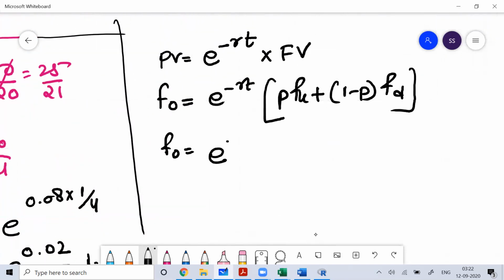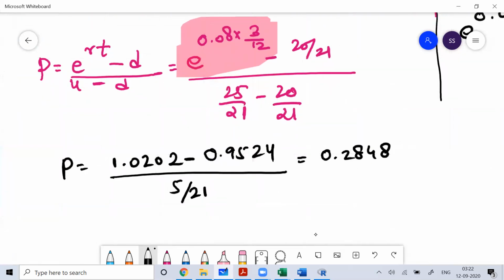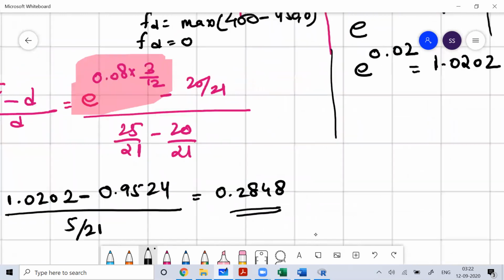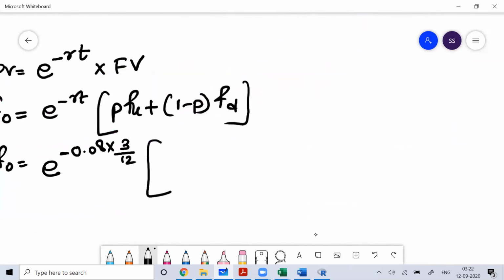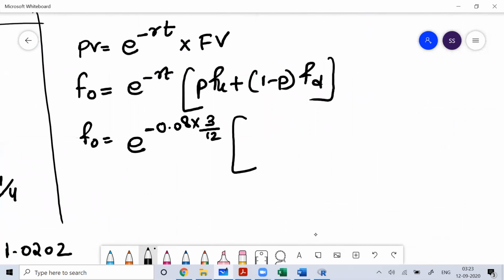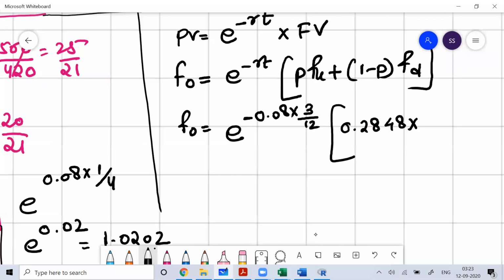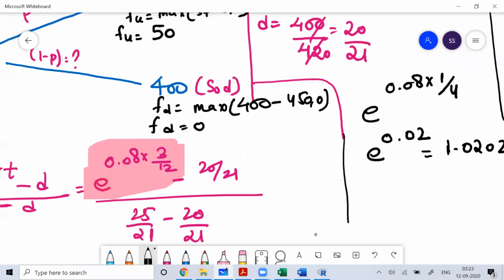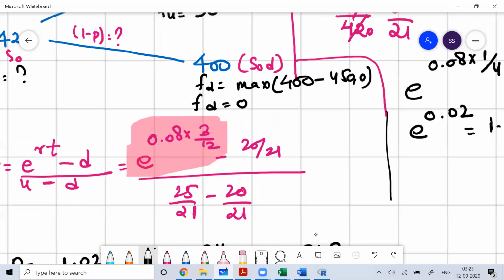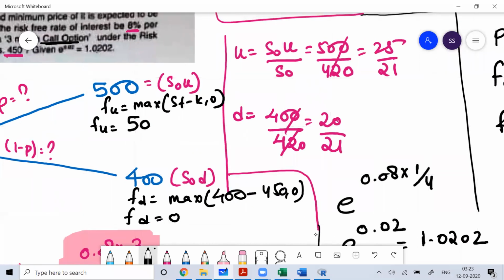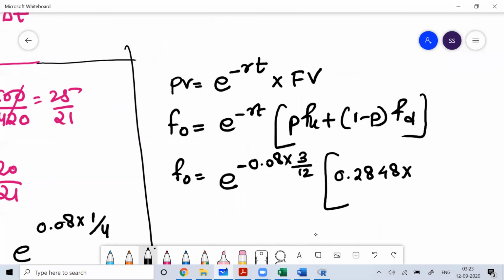So you need to find e to the power minus rt. R is 8%, and time is 3 by 12. P is 0.2848, so p into fu: what is the fu value? Fu is 50.